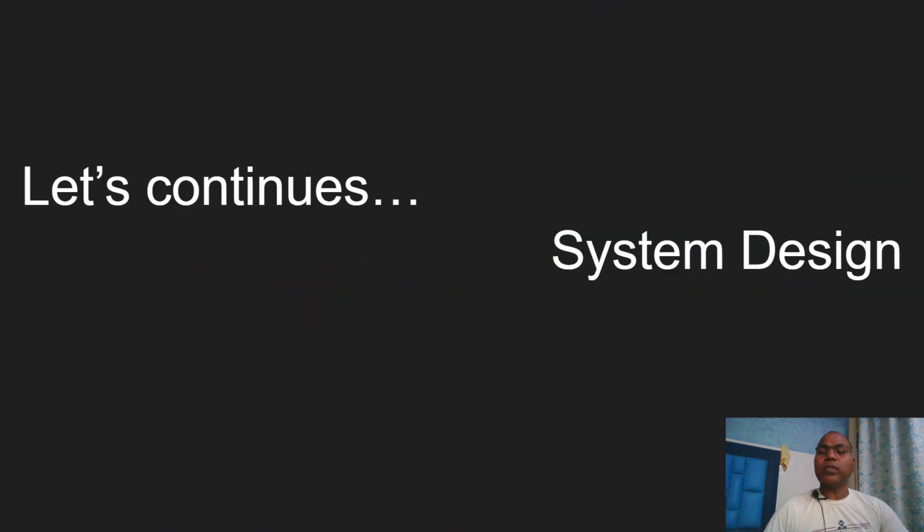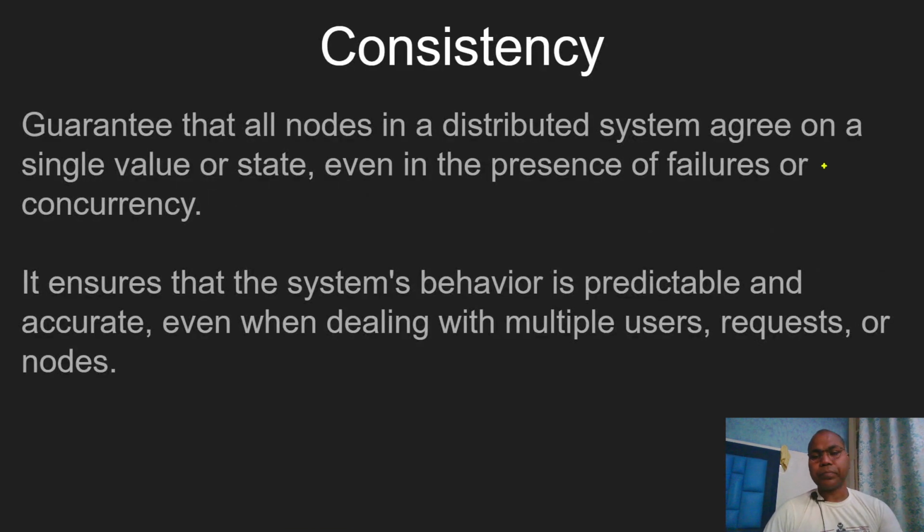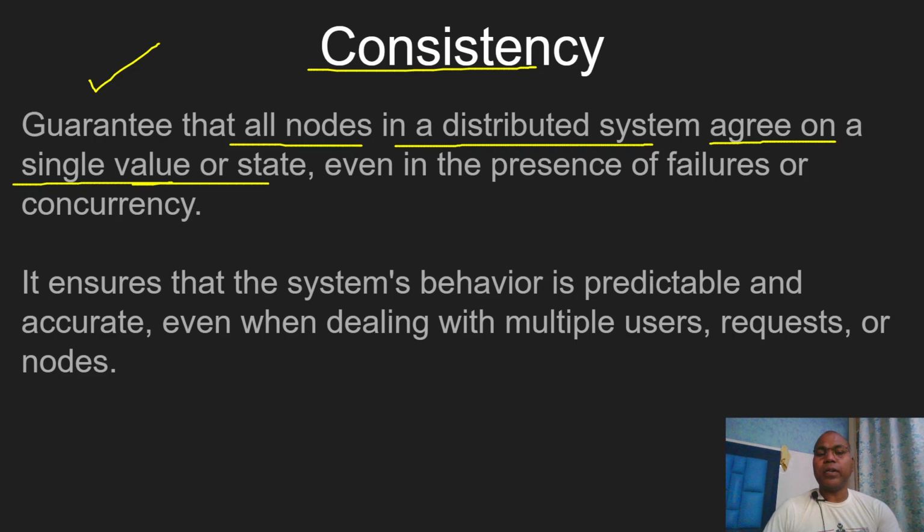Okay, so let's talk about some details of consistency. Consistency guarantees, or gives reliability to the customer, that all the nodes, meaning all the servers where your data is stored in a distributed system, agree on a single value or state, even in the presence of failure or concurrency.